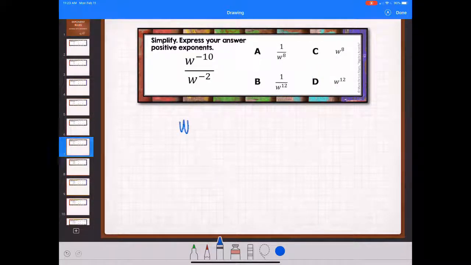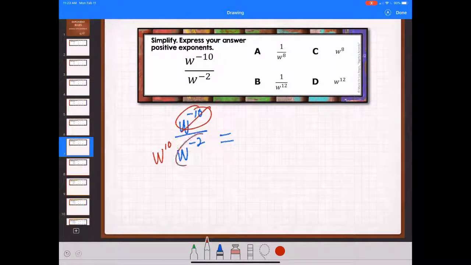Okay, so w to the negative 10 over w to the negative 2. Start out by switching and making them positive exponents. Switching sides, making it a positive exponent. So now we have w squared over w to the 10th power.